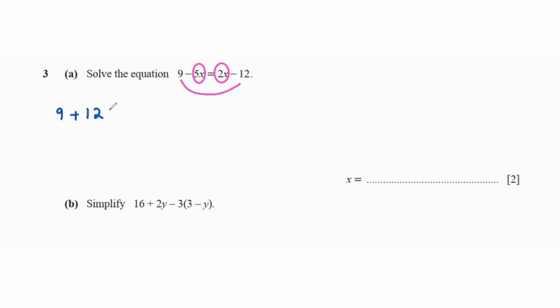When I bring the negative 12 to the left hand side, it becomes positive 12, equals 2x plus 5x. Same reason over here, negative 5x on the left hand side will be positive 5x on the right. So that's going to be 21 equals 7x, and 21 over 7 is x, which is 3.